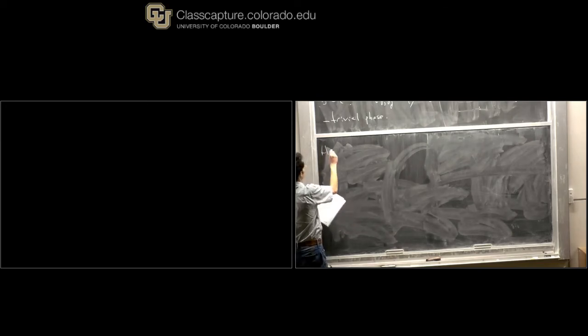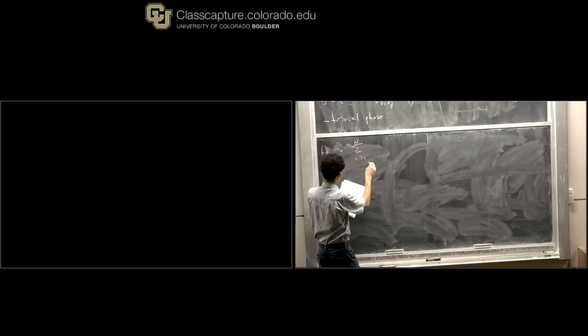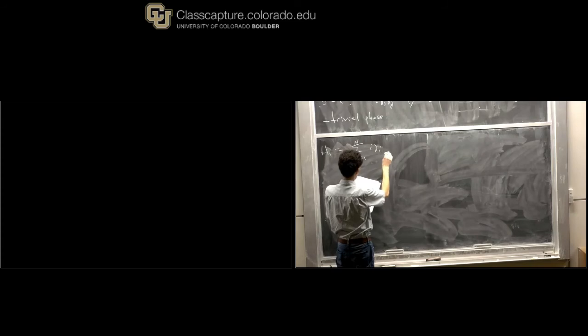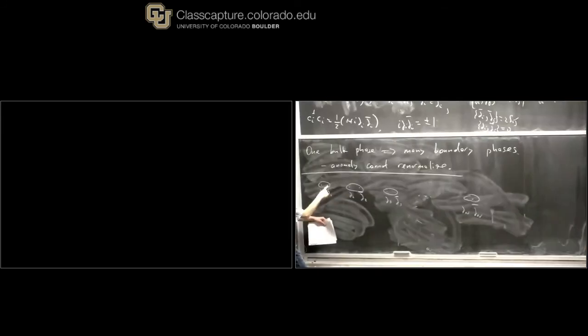Now consider H1, which is the following: gamma i bar, gamma i plus 1. I take each gamma bar and couple it to the gamma on the next side.